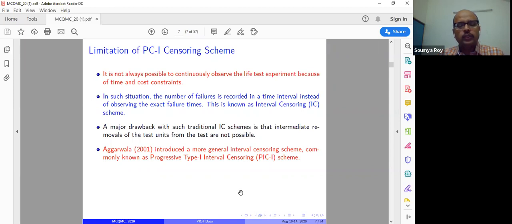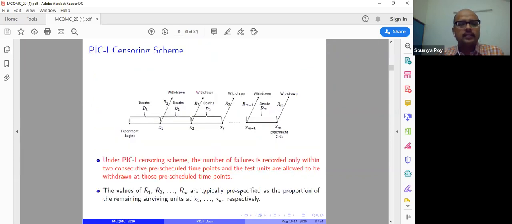In it, we combine the idea of progressive censoring scheme with the interval censoring scheme, and the scheme looks like this. Here we observe the experiment only at x1, x2, up to xm, and we look at the number of failures that have happened, let's say within 0 to x1, that is D1, and at x1 we remove R1 units from the experiment.